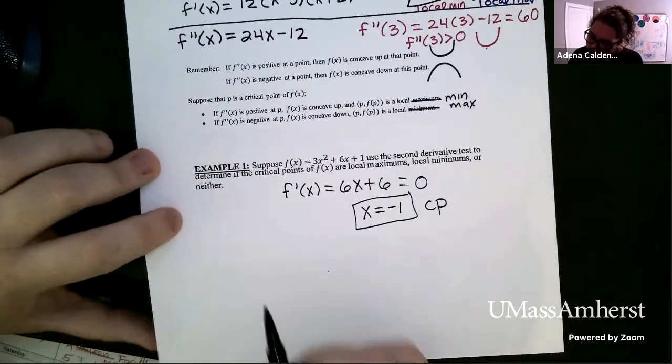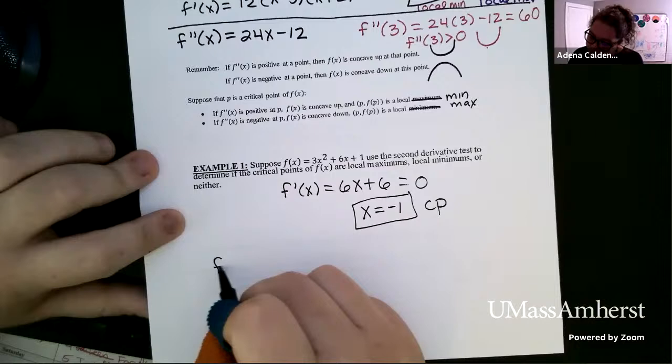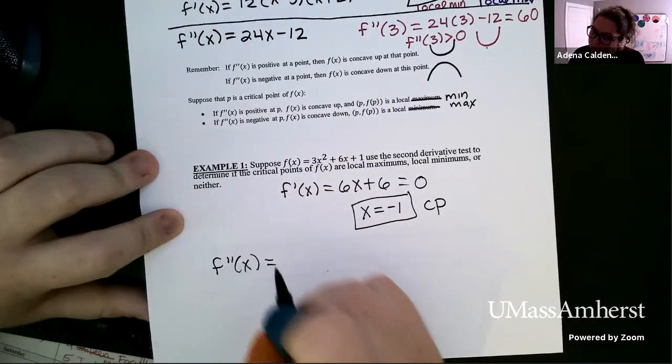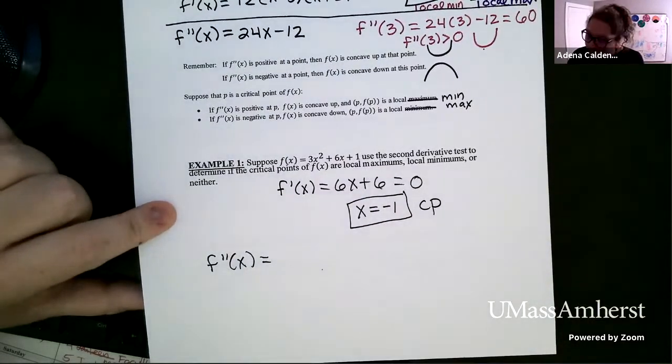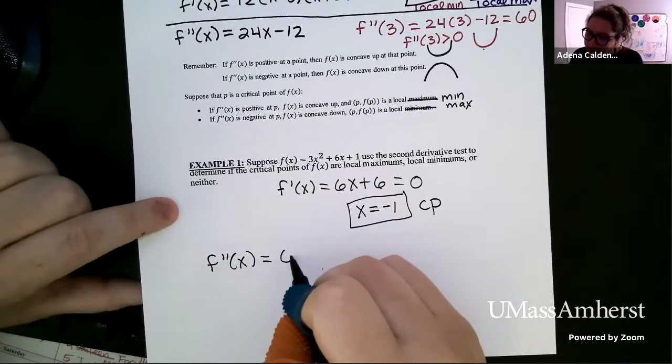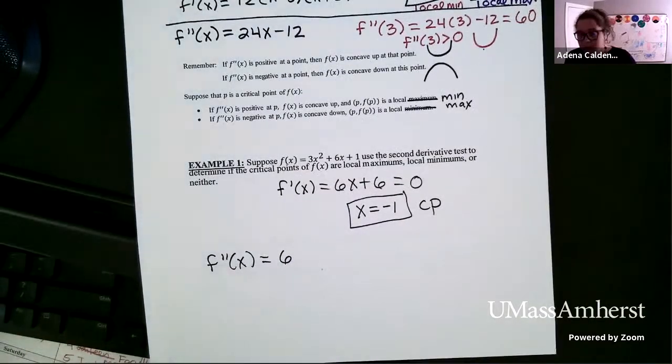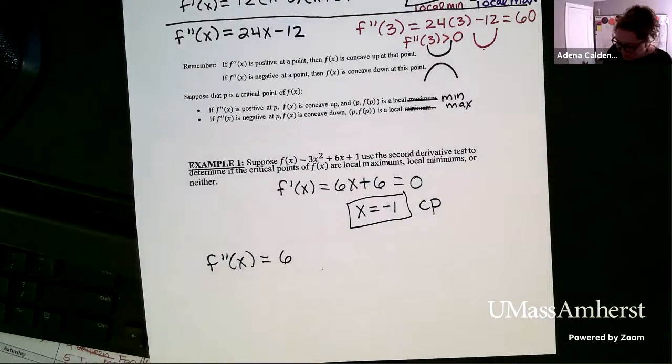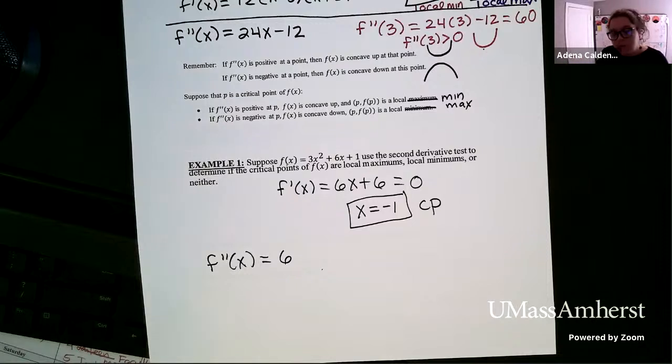If we want to use the second derivative test here, we look at the first derivative and we say, okay, the derivative of 6x is 6, and the derivative of 6 is 0. So the question becomes, can I still use the second derivative test if I can't plug in my critical point? And the answer is yes. If your second derivative is a constant, that still tells you the concavity of the original function.